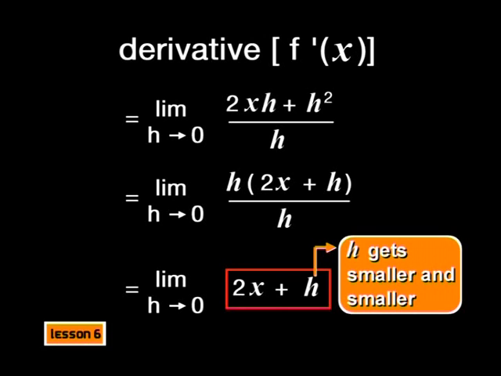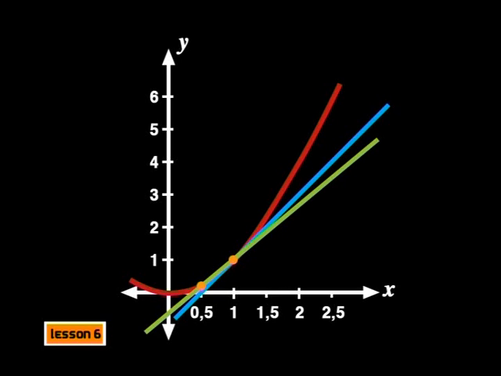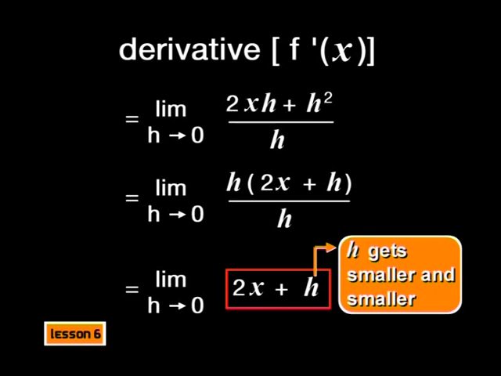Because if we made h 0, we would have 2 points that have no distance between them. And in terms of our gradient equation, that would be like dividing by 0, which is a problem because division by 0 is undefined. Oh, I get it.